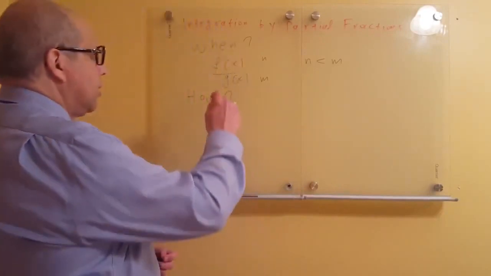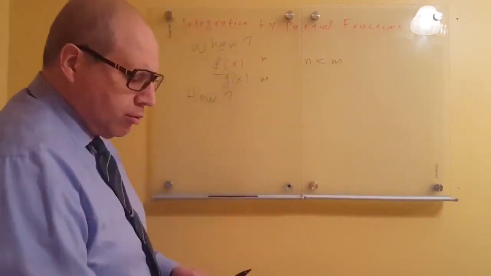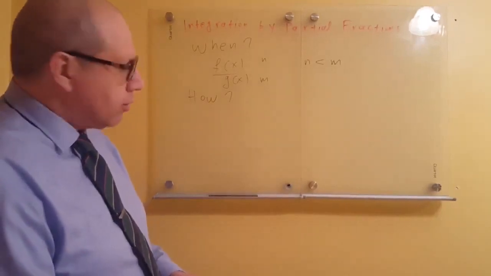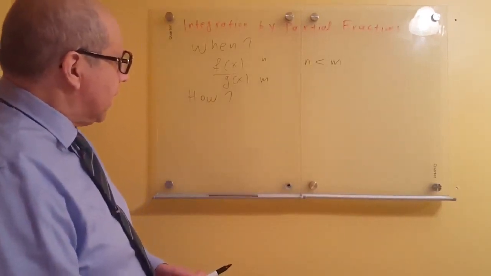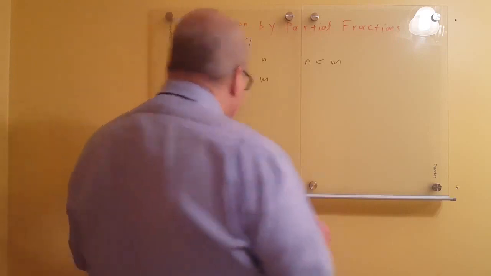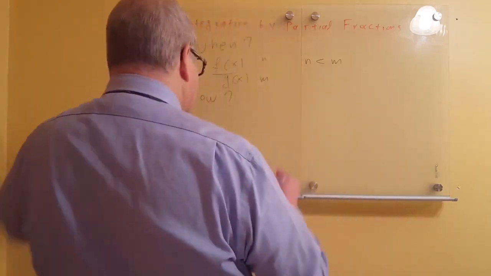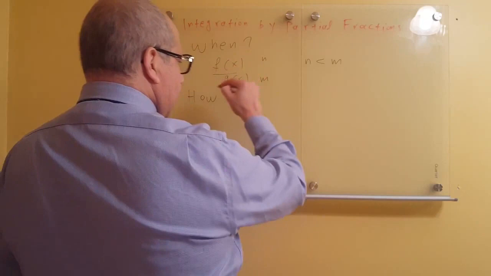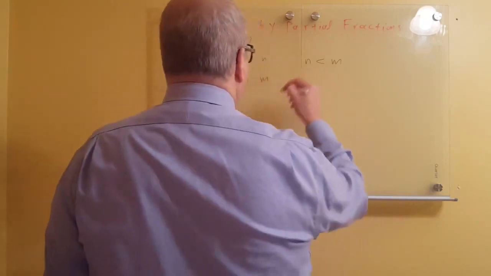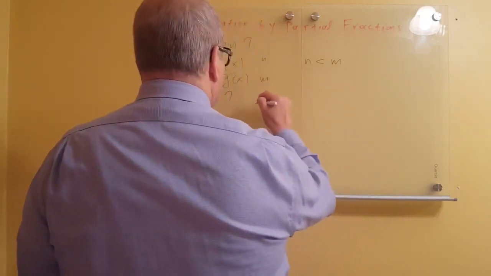So we break this into a product of factors, and then we equate this rational function.